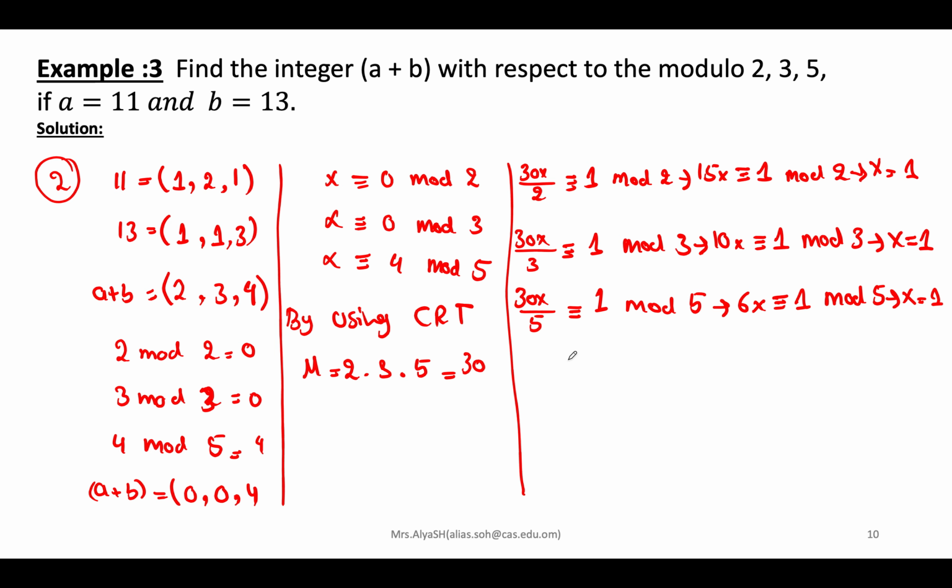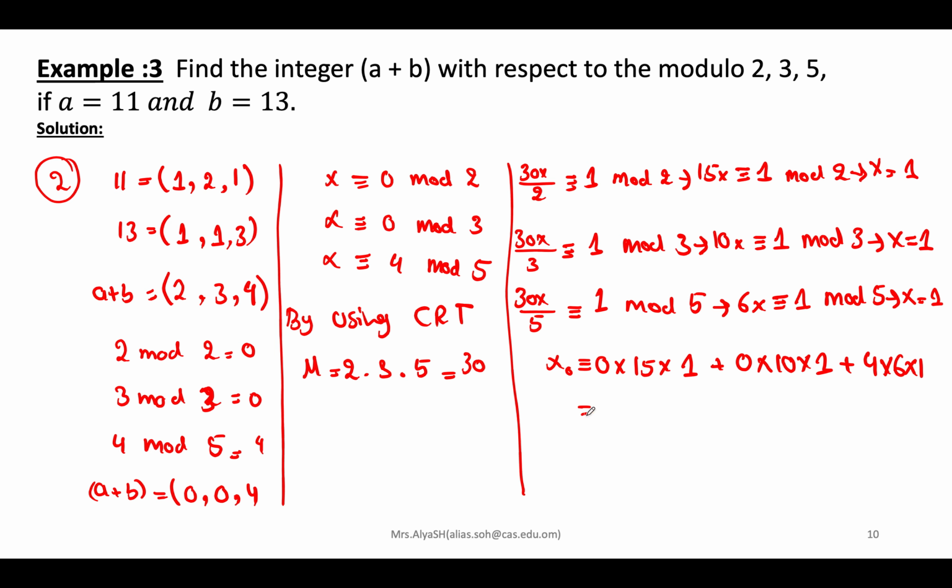Now let's find x naught. So x naught is congruent to 0 times 15 times 1 plus 0 times 10 times 1 plus 4 times 6 times 1.